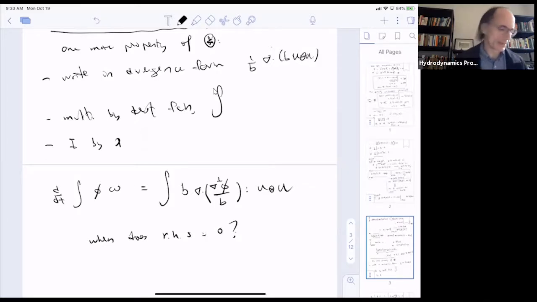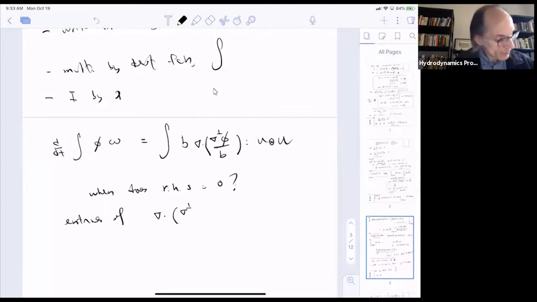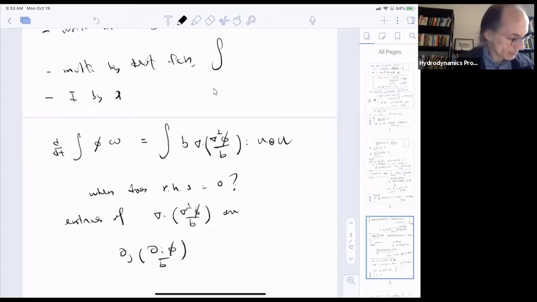And so the entries of this are, well, there's a d i phi over b and a d j. Really, this isn't the ij entry, it's, for example, the 1, 2 entry would be, anyway, all the entries have this form. There are some anti-symmetric tensors sometimes if we want to write it correctly.